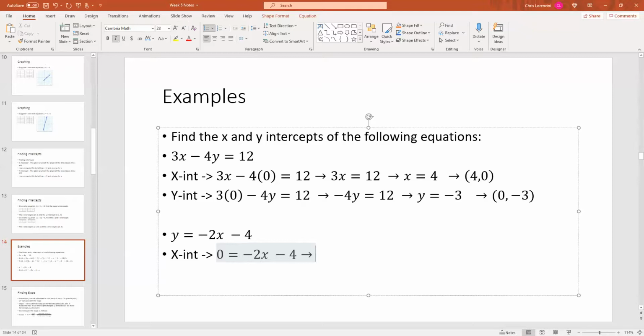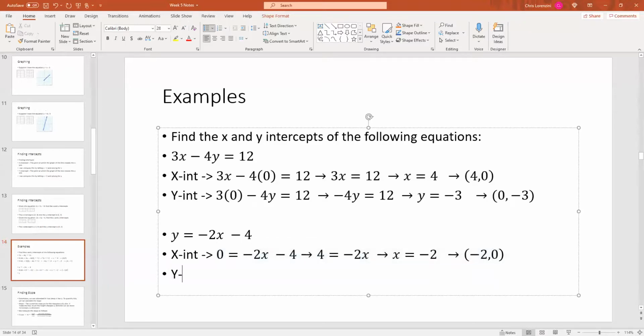The first thing I'm going to do is add 4 to both sides. 4 is equal to negative 2x. And I'm going to divide both sides by negative 2. So when I divide both sides by negative 2, I see that x is equal to negative 2. So now I have my x-intercept, which is negative 2, 0.